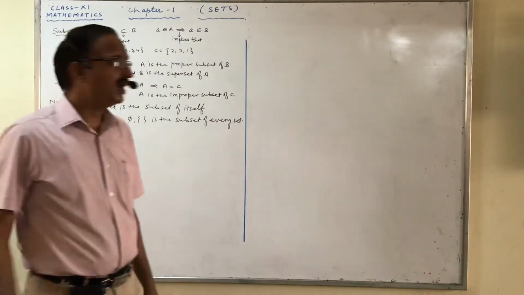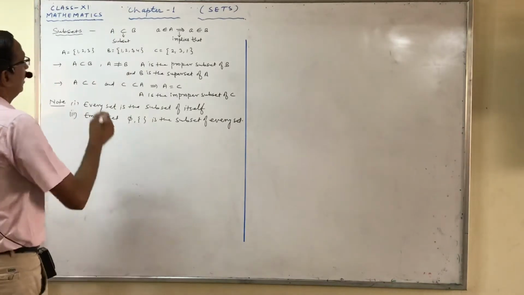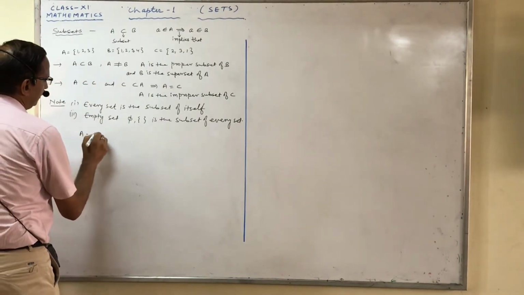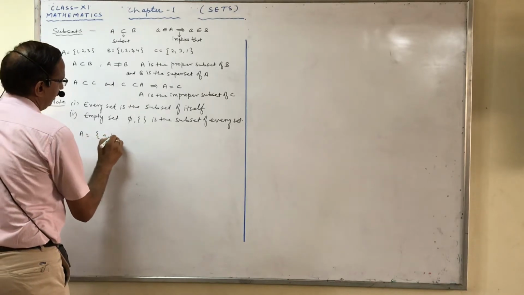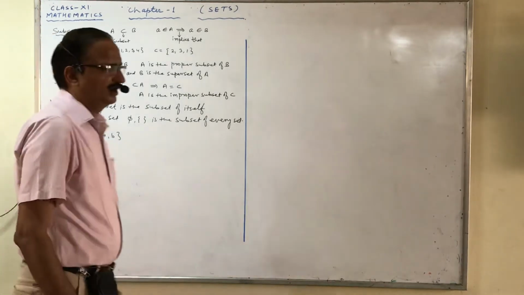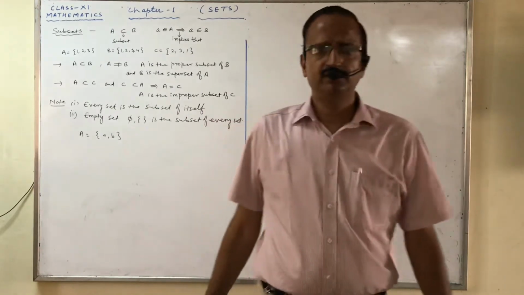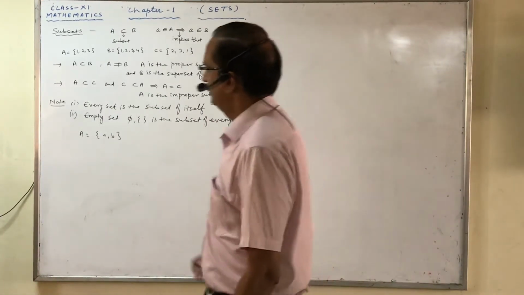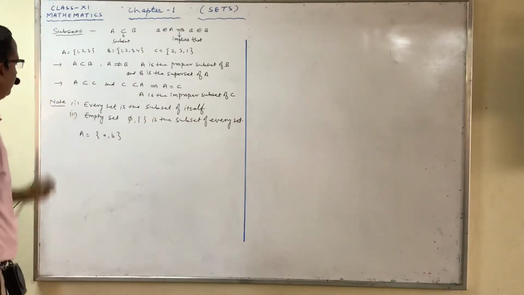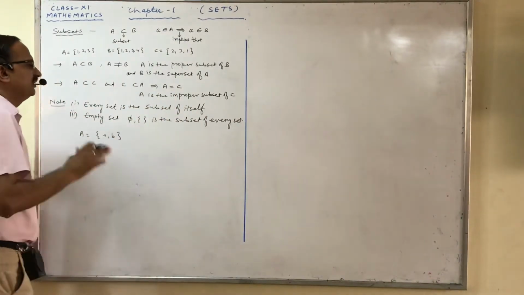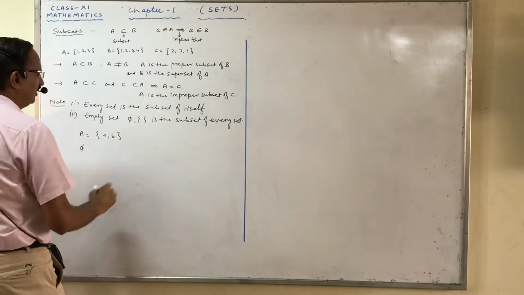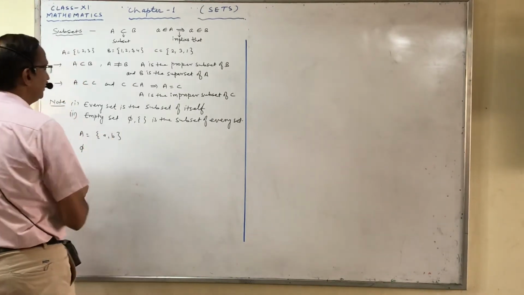Now, suppose we have a set A containing elements a, b, two elements. Now I would like to write the subsets of this set. So from these two observations, two sets are confirmed. One is phi and the other is the set itself.